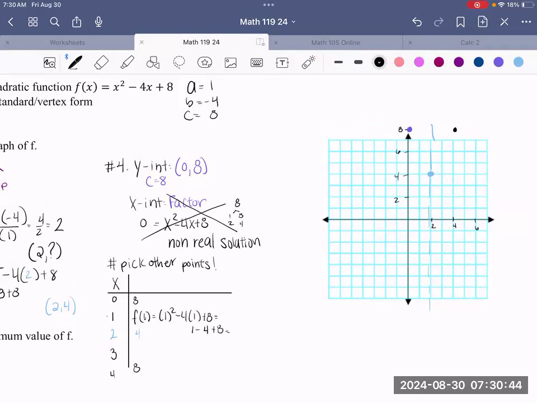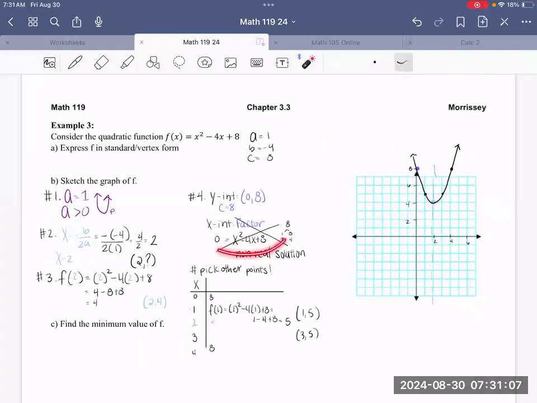So that would be 5. So we are working with 1, 5 and 3, 5. Let's go ahead and graph those, and you have all 5 points.